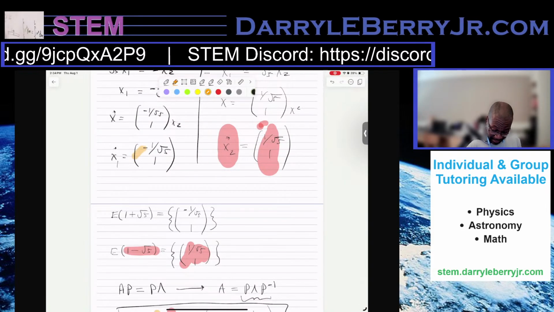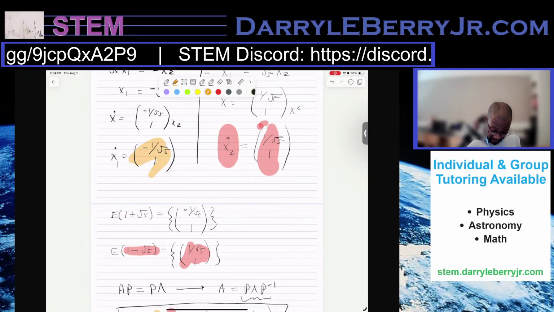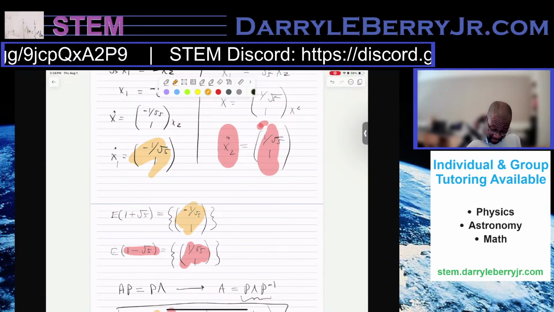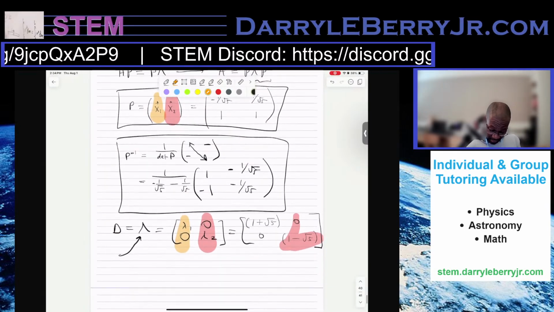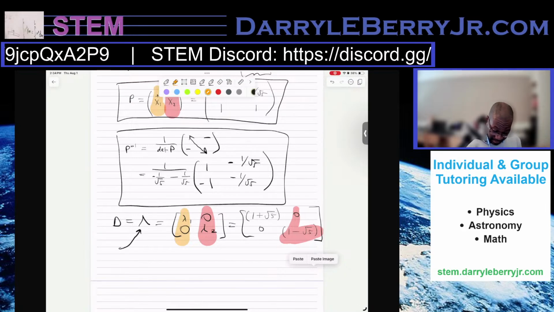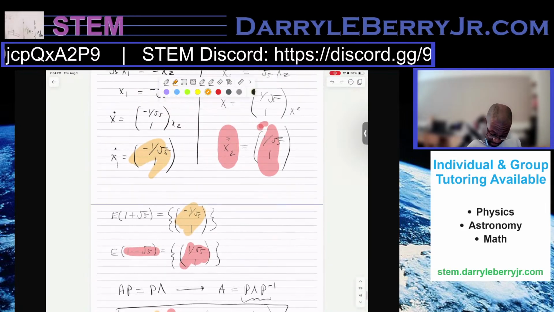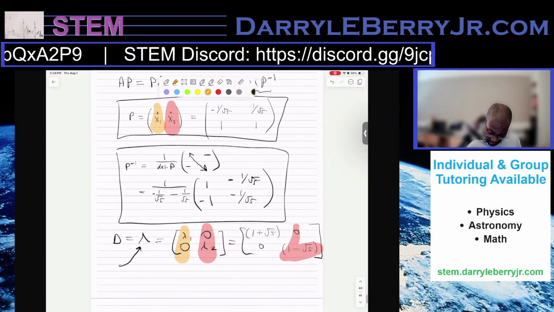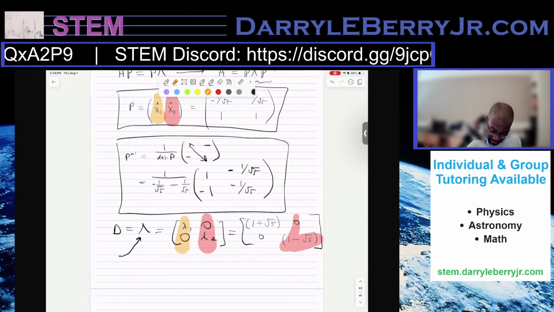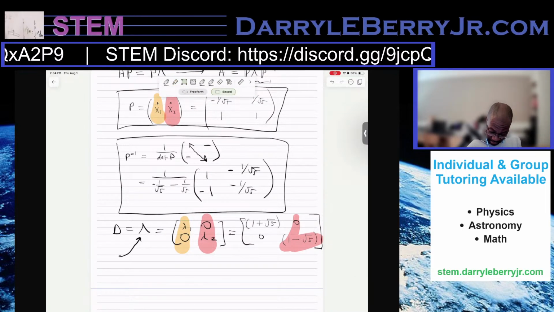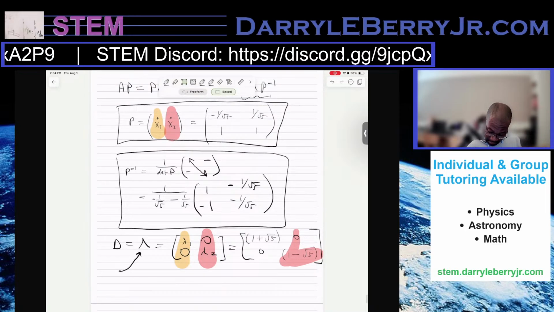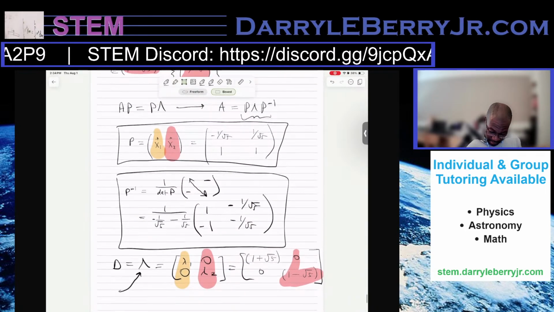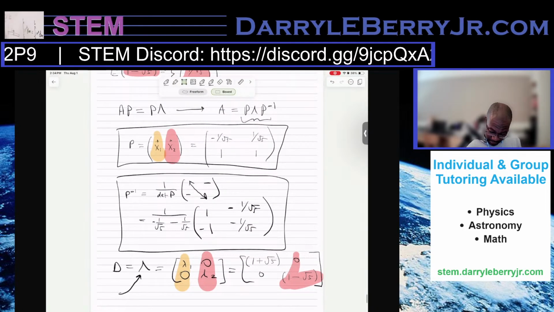So I know this was my first eigenvector, first eigenvalue with the negatives on it. Oh, and did I forget my negative? I think I swapped it. Oh, that's what I did. Oh, no, I didn't.